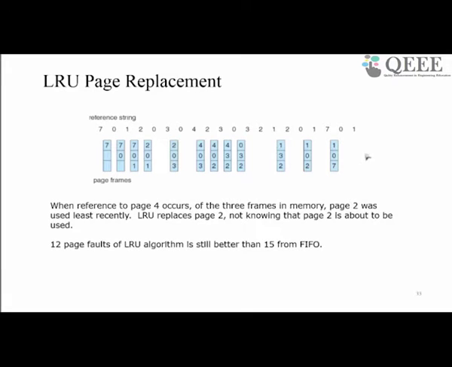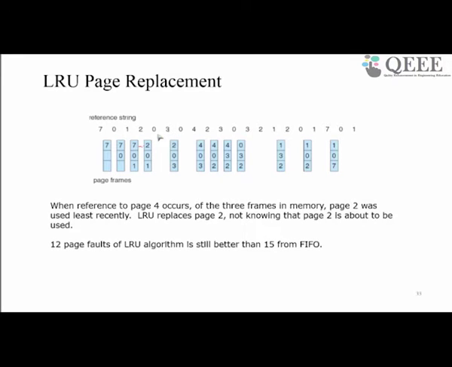This is another way in which the LRU page replacement is shown. So 7 is referred, it is loaded, then 0 is loaded, then 1 is loaded. When 2 is referred, it is a miss. Among these, 7 is least recently used, so you replace 7 by 2. Then 0 is a hit, 3 is a miss.